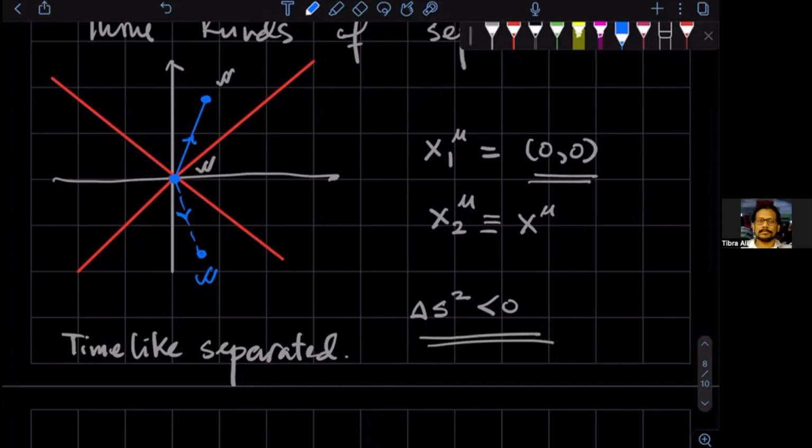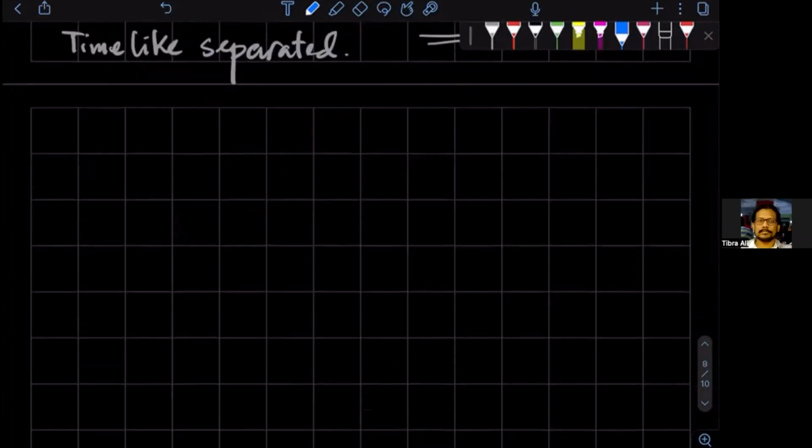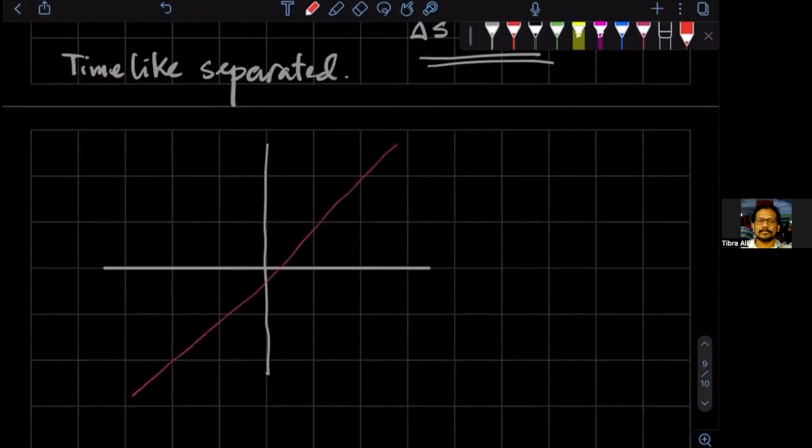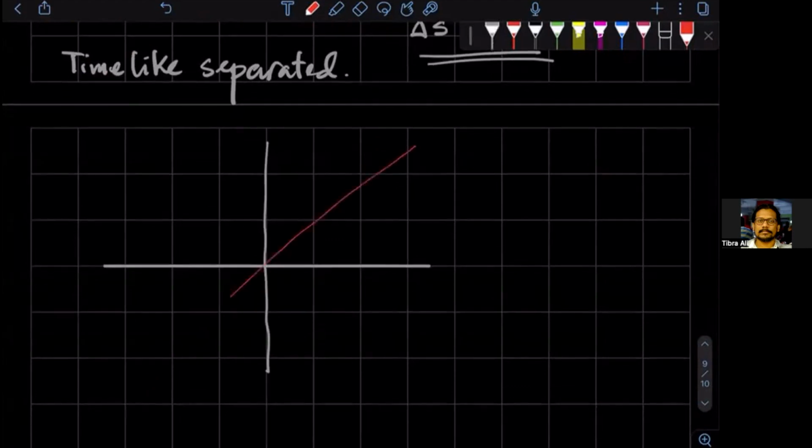Okay, all right, so this is the time-like separated, but what if, let me draw the space-time diagram again. By the way, space-time diagram is the modern way of doing special relativity. No more train platforms, no stuff like that.